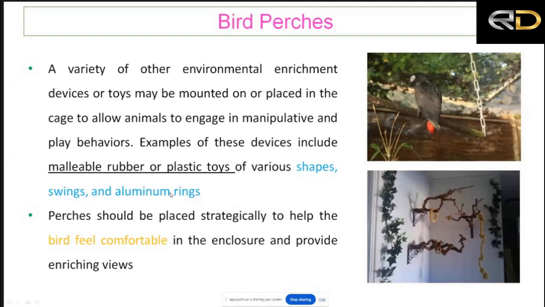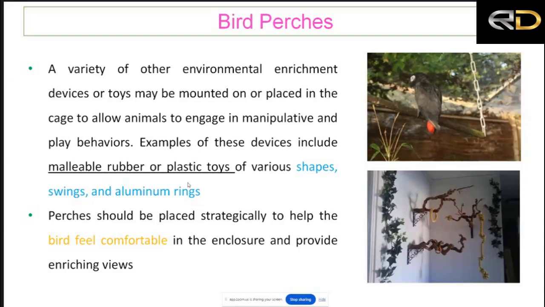Bird perches should be where the birds are not disturbed, where they feel comfortable in the enclosure, and where they have enriching views from which they can see their prey moving from here to there. The birds are our friends. Sometimes they are notorious, but where we want specific things, the birds are also our friends in terms of organic farming.